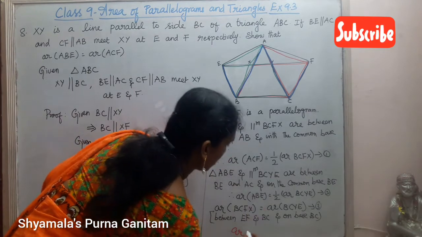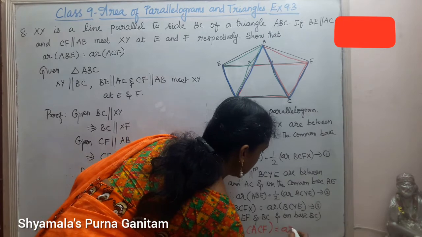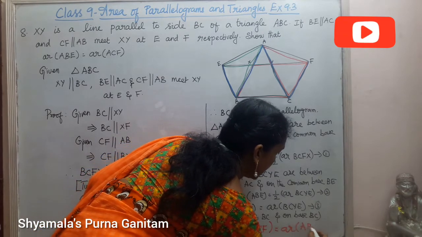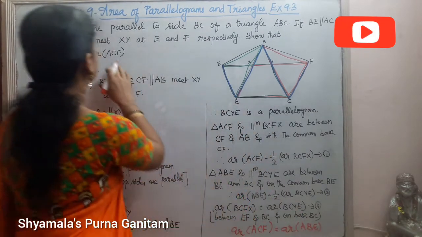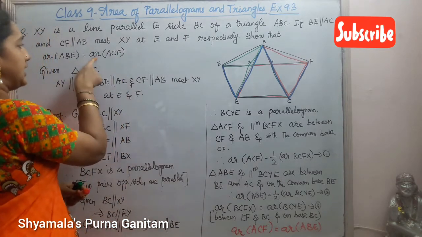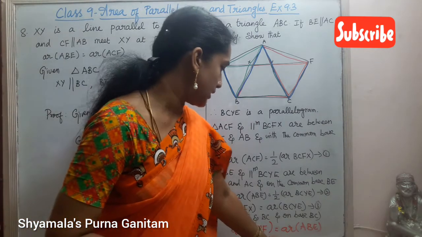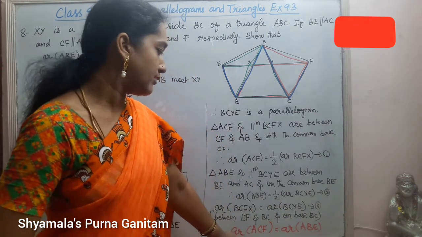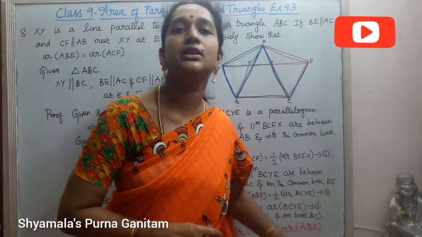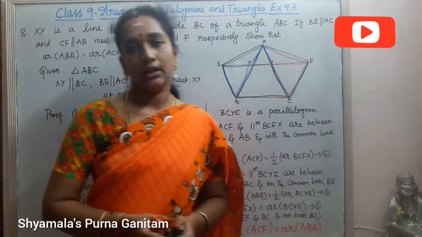So area of ACF is equal to area of ABE. That is the thing we were asked to prove. So from 1, 2 and 3 we can write that these two areas of the triangles are equal.